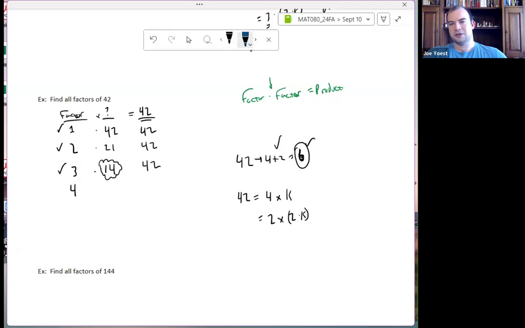So if I look at this first 2 here, I can ask, well, is 42 a multiple of 2? Is 42 an even number? Yeah, it is. So I note that 42 is 2 times 21.